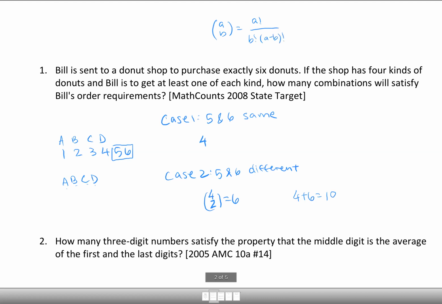This is when we have A objects and we want to choose B objects, and the set is not ordered, so we don't care about the order of the B elements, so it's just A choose B. If you guys have any questions about that, I can expand on it. So are you guys good with this problem? This was a really simple problem to just show you guys how casework works.